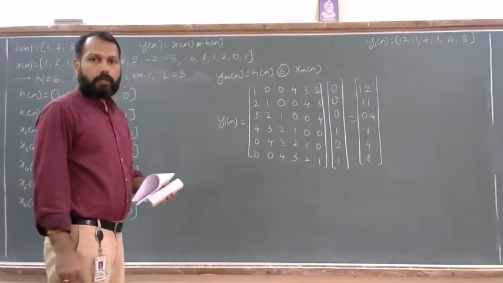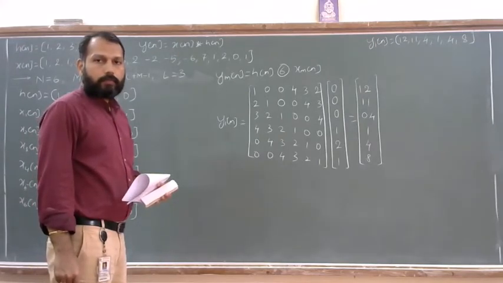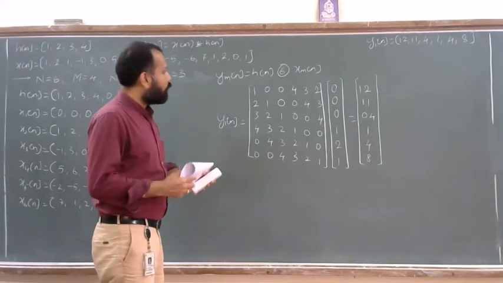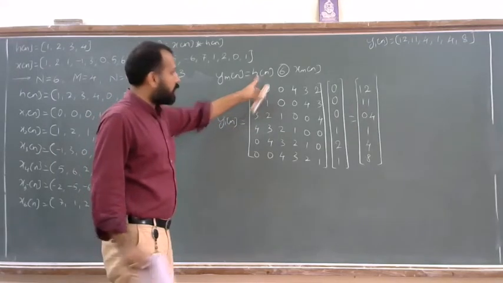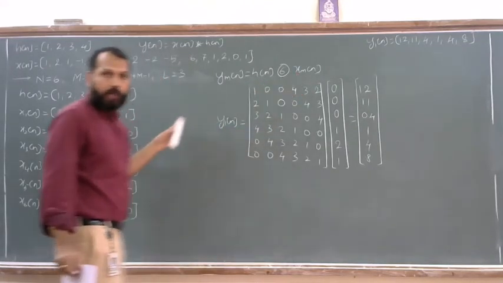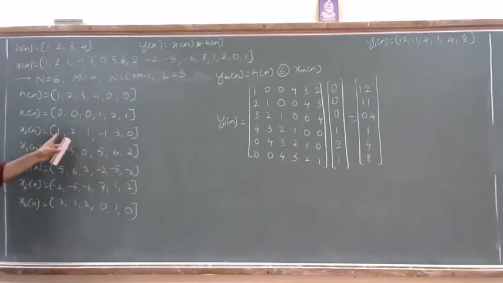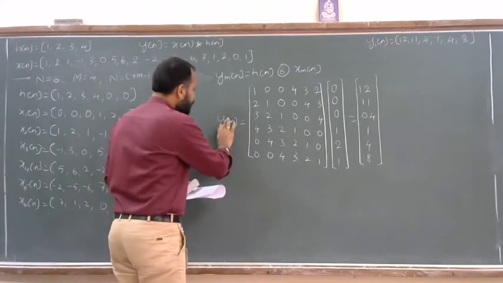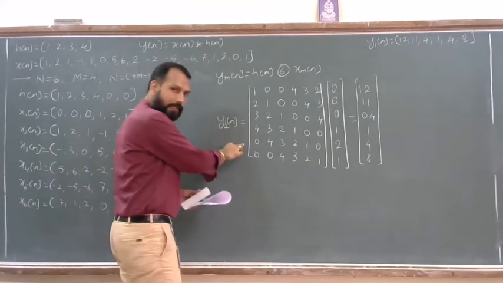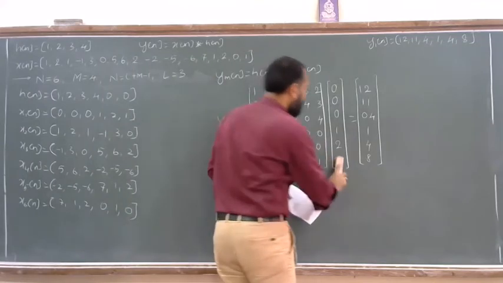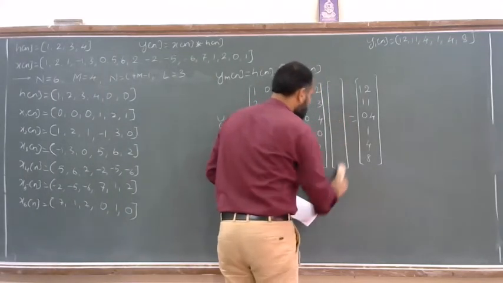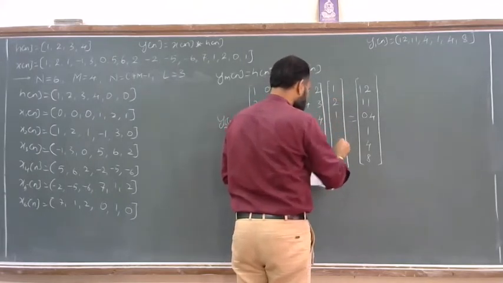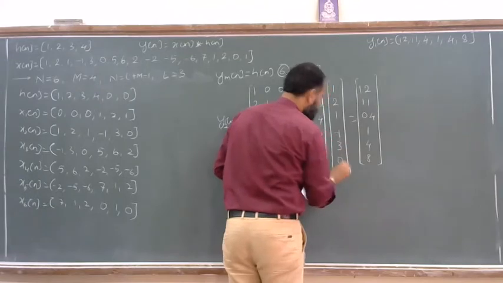Now to obtain the second output block, we'll have to perform circular convolution between this impulse response and the second segment of data, which is 1, 2, 1, minus 1, 3, 0. To do that, you just keep this matrix as it is and change the second matrix to 1, 2, 1, minus 1, 3, 0.